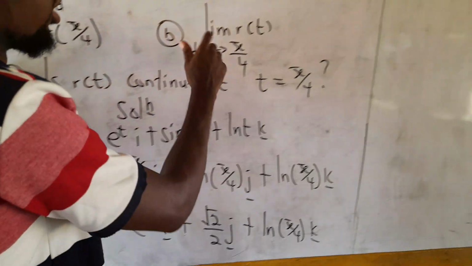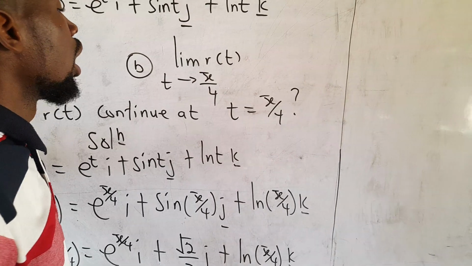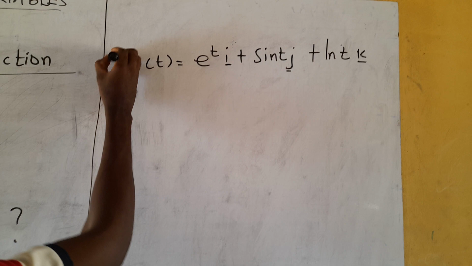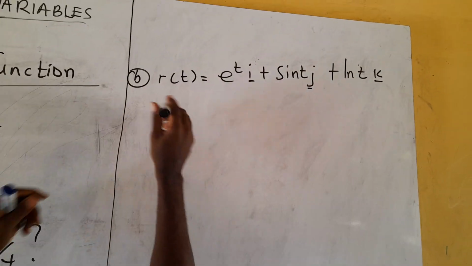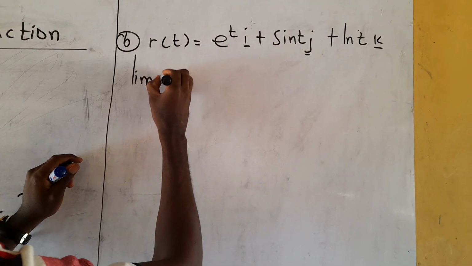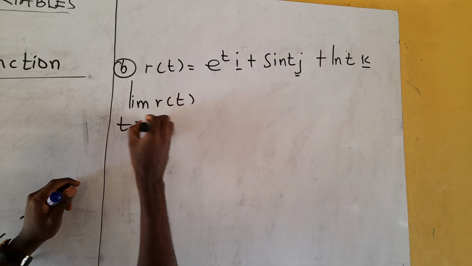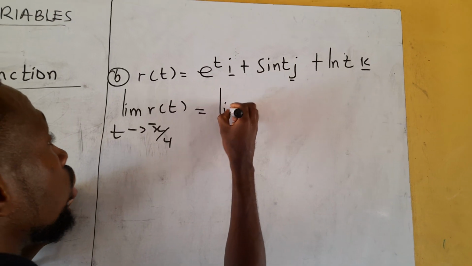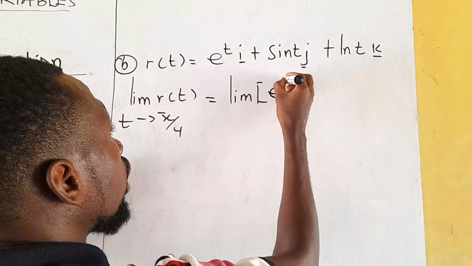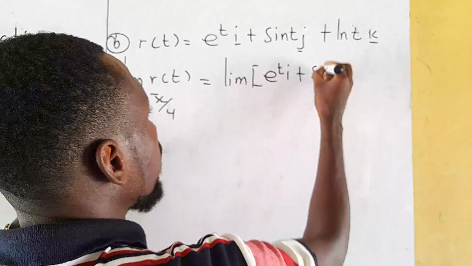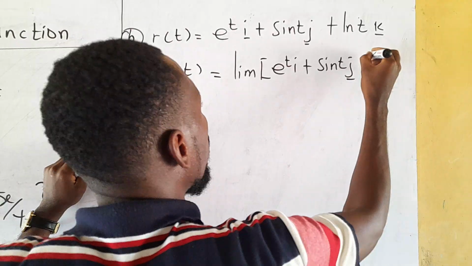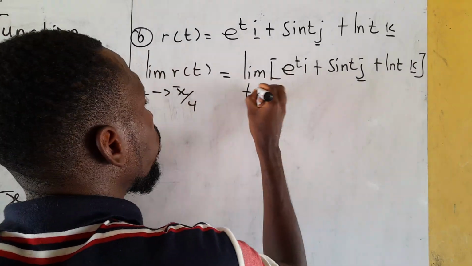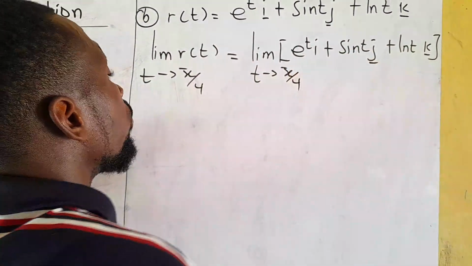So that's the A part. And the B part says we should evaluate the limit of r of t as t approaches pi over 4. You know how r of t is this. So the limit of r of t as t approaches pi over 4 will just be equal to the limit of the vector valued function e^t i plus sine t j plus ln t in the direction of k as t approaches pi over 4.